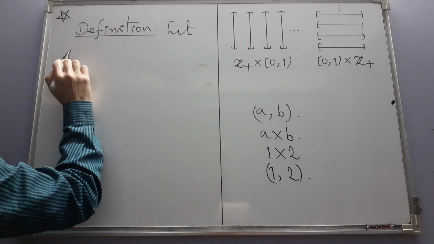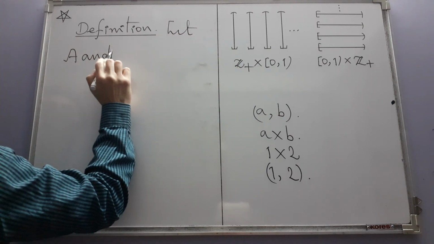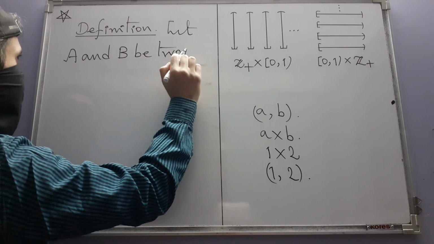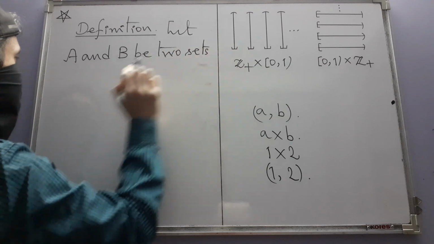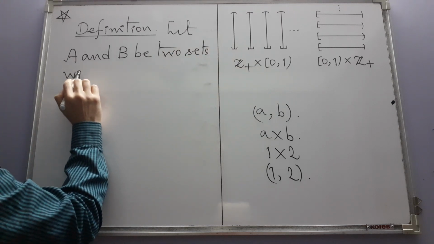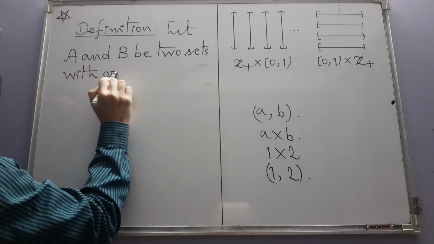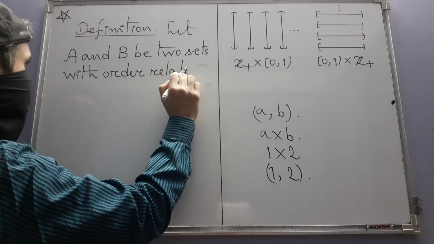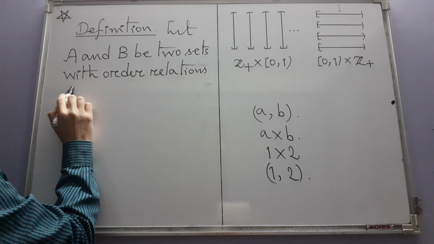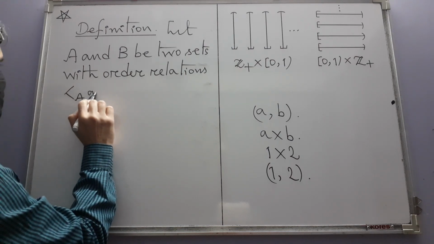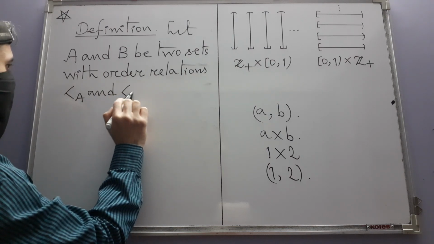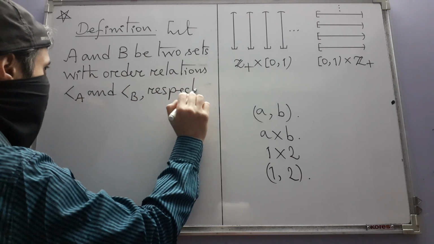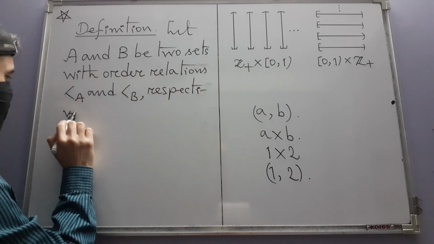Let A and B be two sets with ordered relations, this and this respectively.